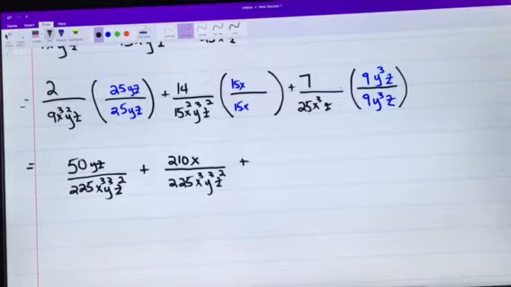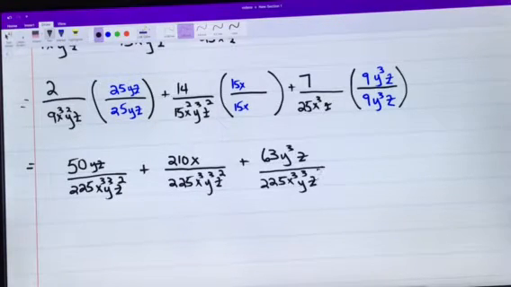Then we have 14 times 15x, which is 210x, over 225 x to the third, y to the third, z squared. Then 7 times 9 is 63, times y to the third z, over 225 x to the third, y to the third, z squared.